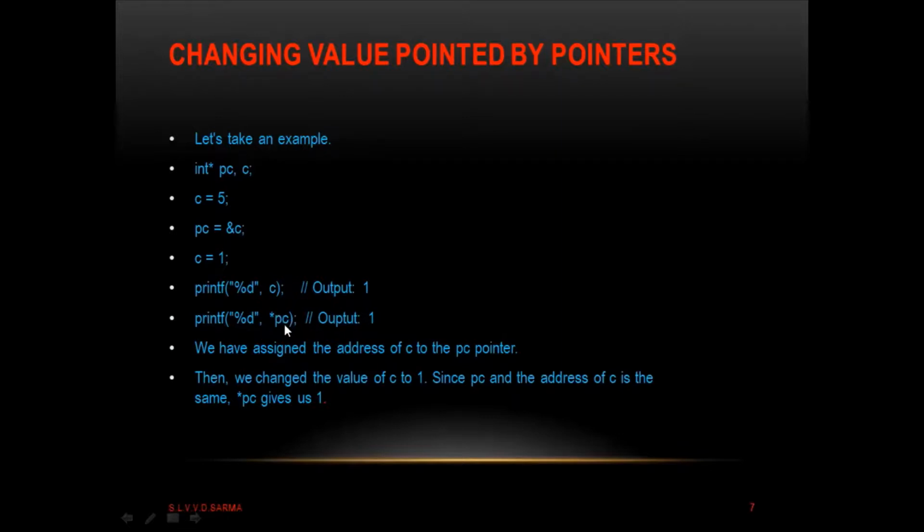We assigned the address of C to the pointer variable PC, then we changed the value of C to 1. Since PC holds the address of C, asterisk PC gives us 1.